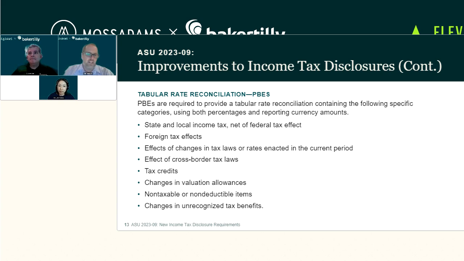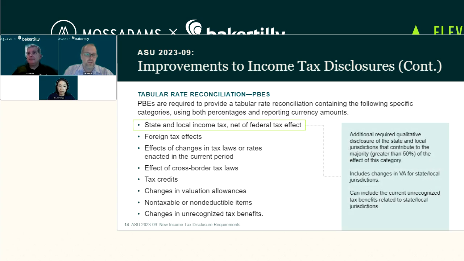As we go through this tabular rate rec, there are 8 categories specified within the guidance that are required to be separately disclosed. The first one is state and local income tax, net of the federal tax effect.